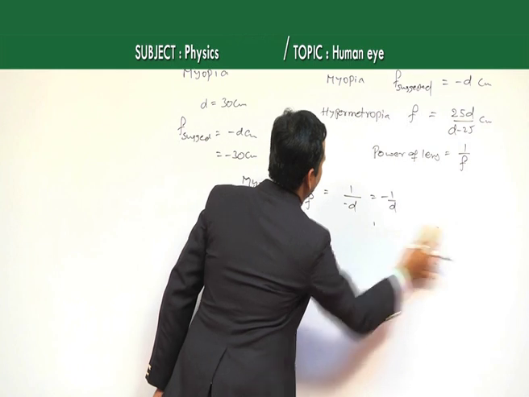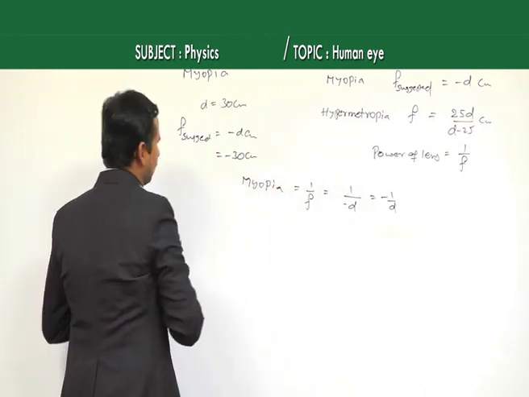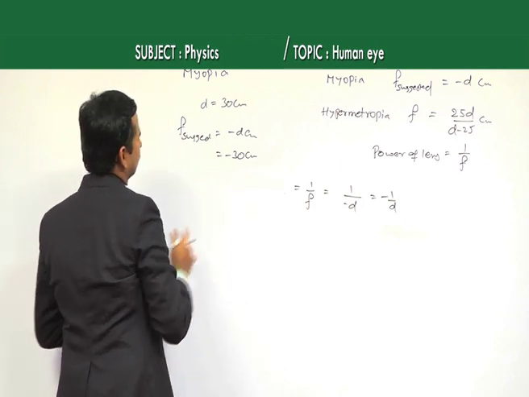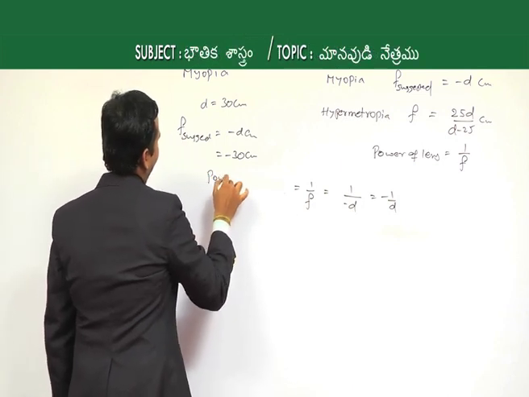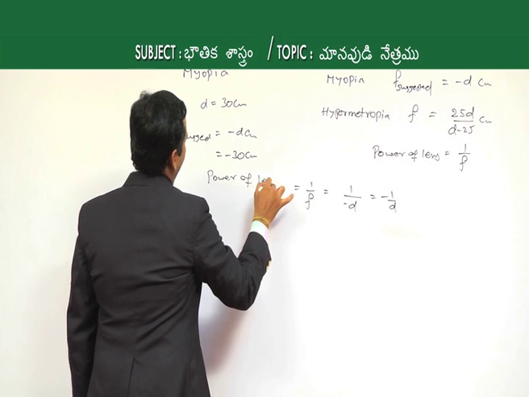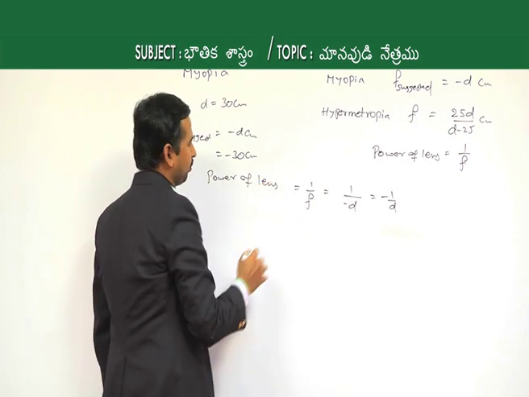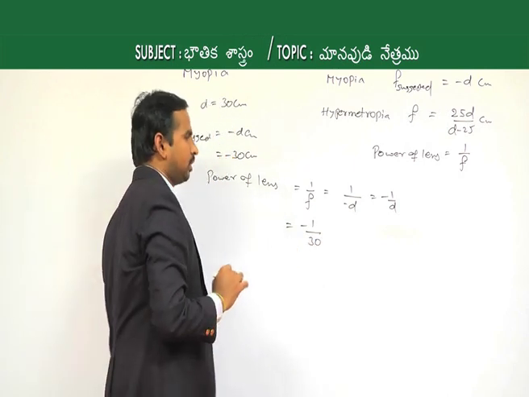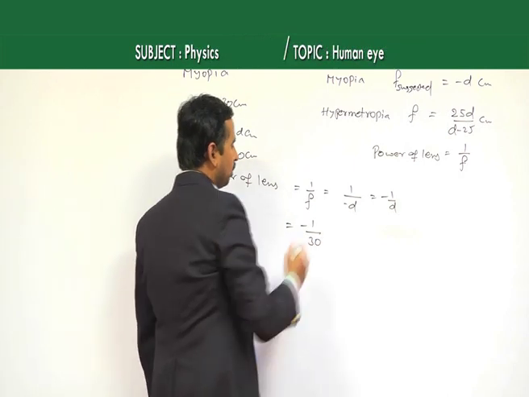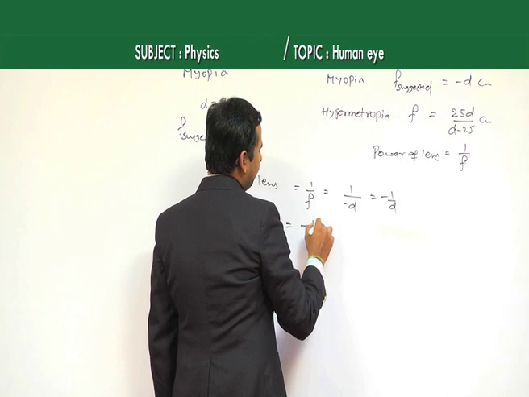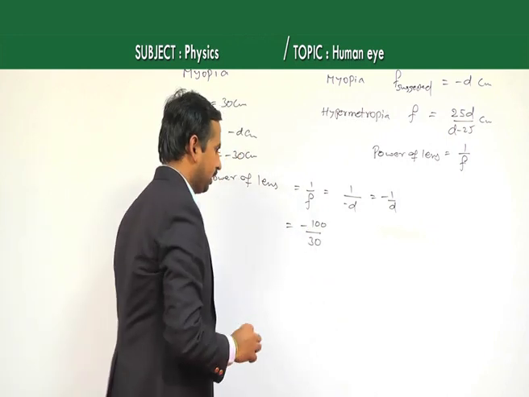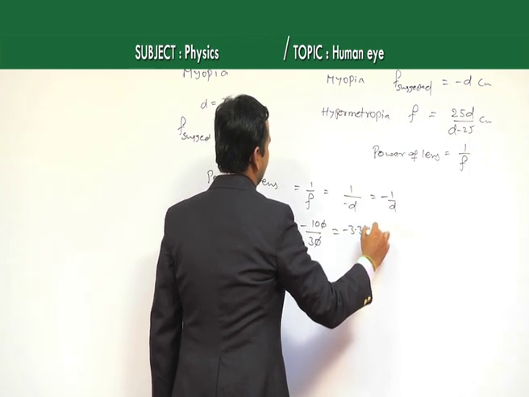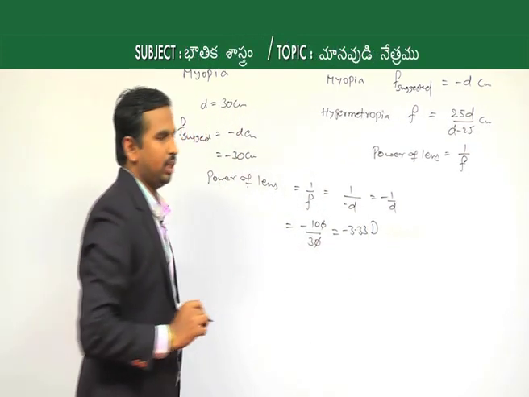As it is about myopia, the power of the lens is equal to 1 by f, that is minus 1 by 30, but this is in centimeters, so we have to convert it into meters, taking 100. Then 3 gets cancelled and we get minus 3.33 D, where D means diopter.